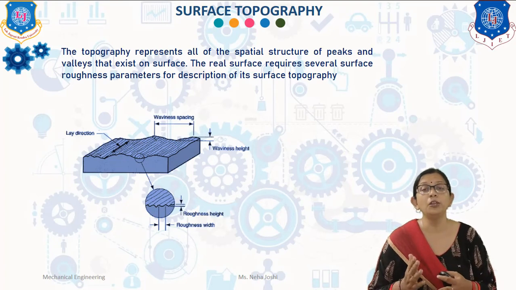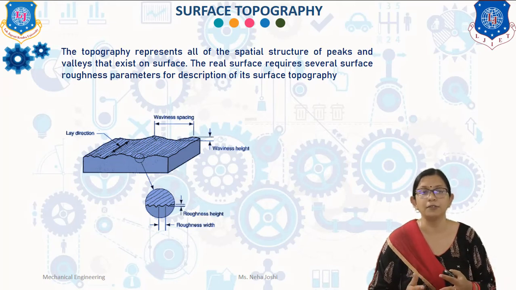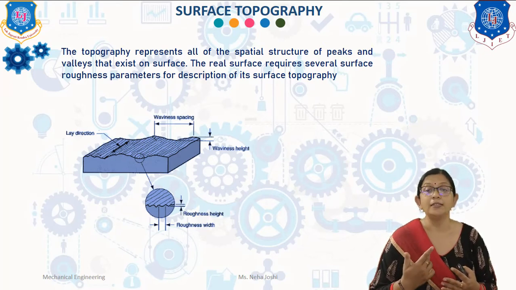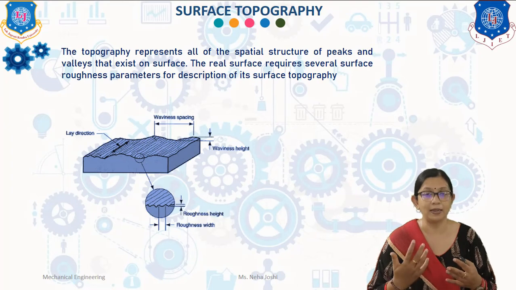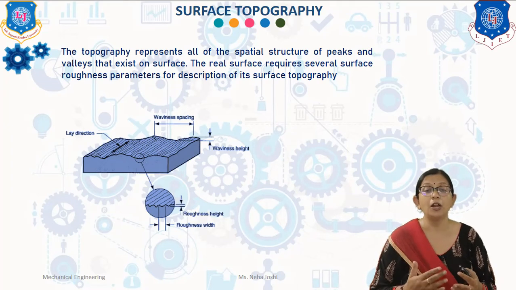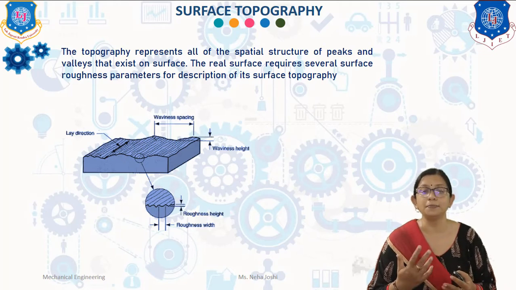The most commonly used surface roughness parameters, which quantify the variation in the height of the surface relative to the reference plane, are the arithmetic average, which is also known as AA, then center line average, then root mean square, which is also known as RMS, then profile peak height, profile valley depth, which is denoted by Z, and maximum height of the profile. These surface roughness parameters are known as the height parameters and are commonly measured using the stylus method.